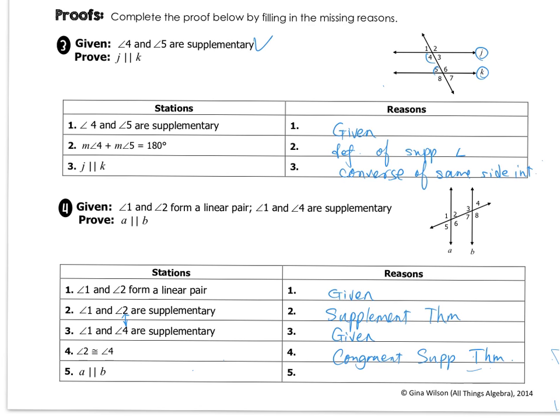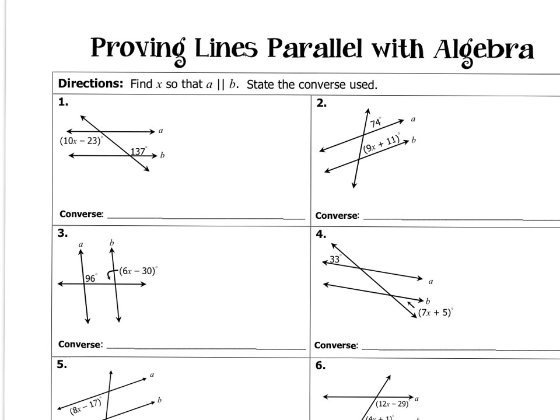It's almost like the transitive property. And if 2 and 4 are congruent, they're corresponding angles. And since we're proving lines are parallel, this is converse of corresponding angles. Okay? Finally, these are just some algebra stuff, but you guys are very good at this.